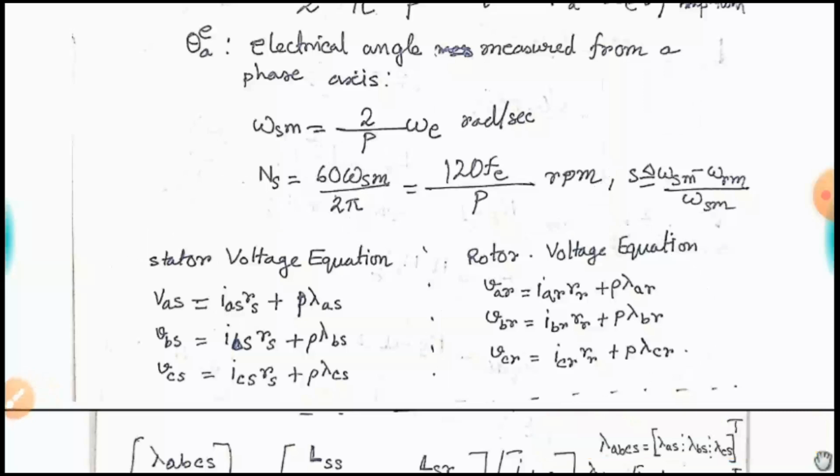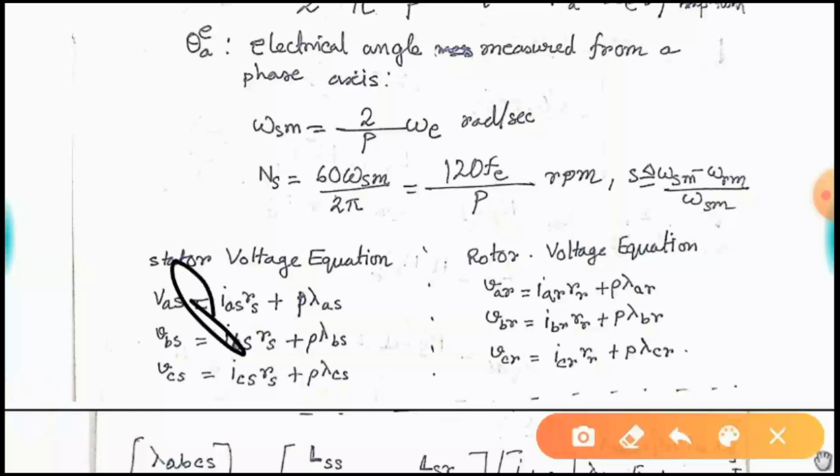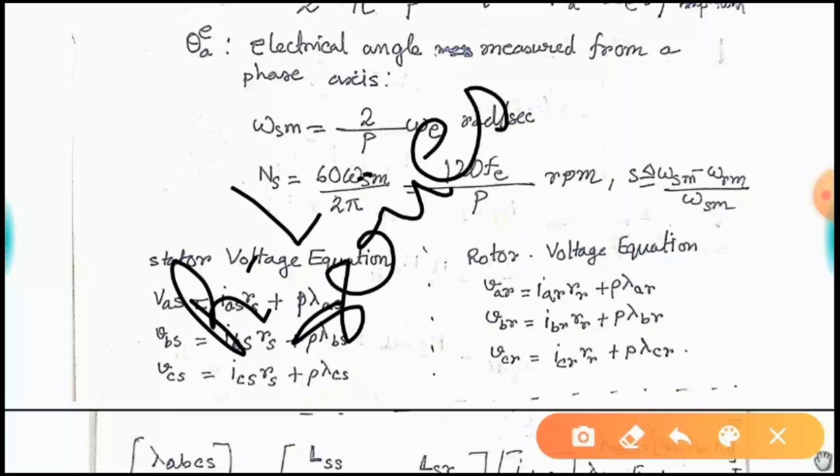We analyzed the synchronous machine in that way. But here we have not mentioned VAR is equal to 0. Rather, we are writing a particular equation. Obviously, that is the equation for an RL series circuit. Whatever we have written for this one is a common equation for an RL series circuit.